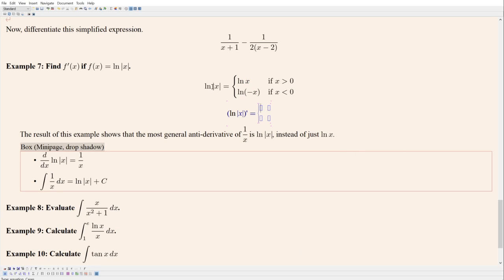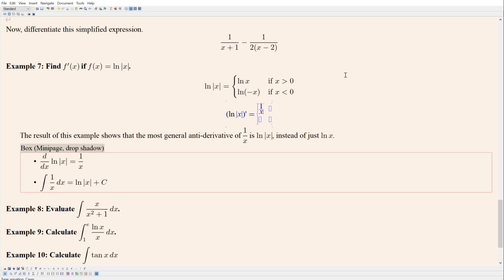Okay, so absolute value. If x is positive, then the absolute value does nothing. If x is negative, then the absolute value reverses the sign. Well, how do you say reverses the sign symbolically? Well, you plop a negative in front of it. So that means the derivative of this is, if we've got log x, well, that's just 1 over x, again by definition.